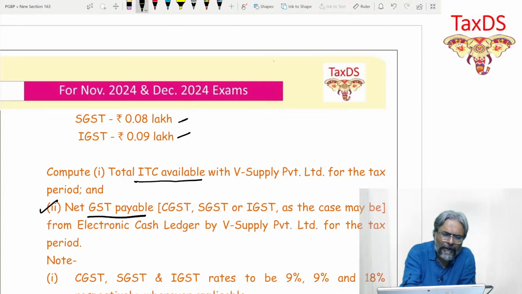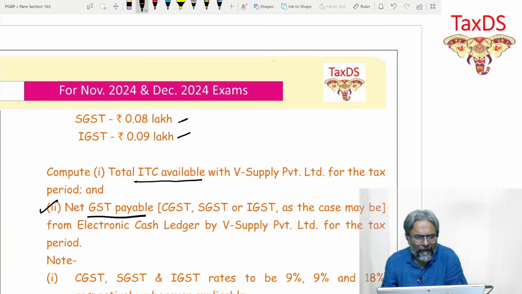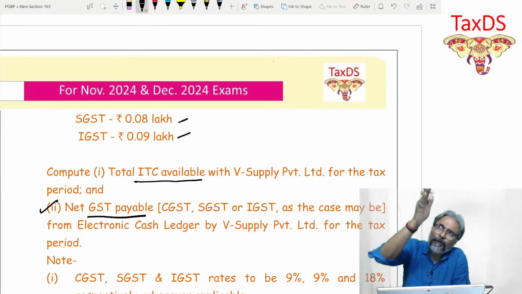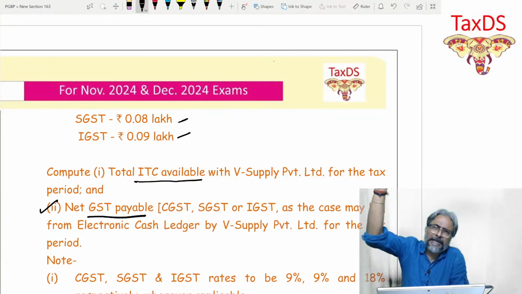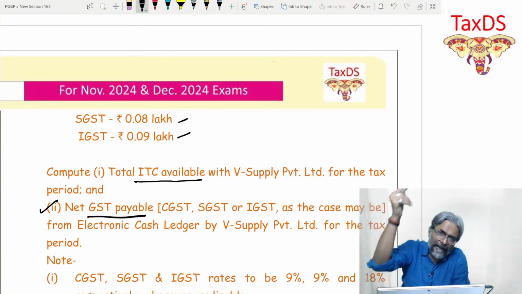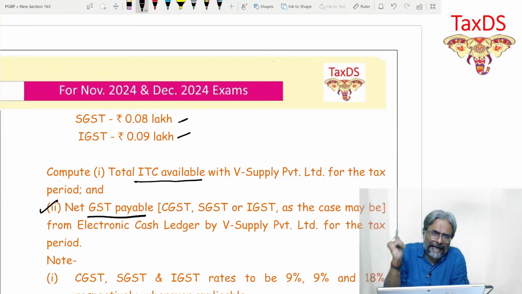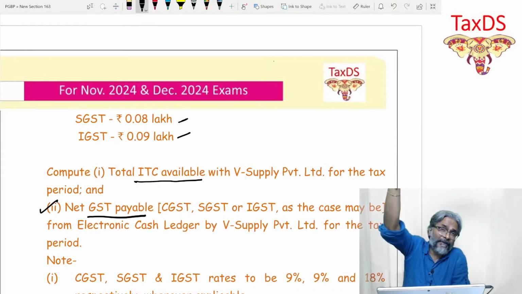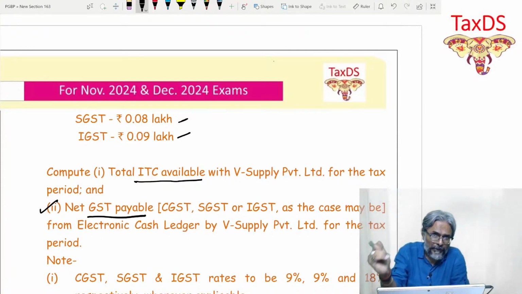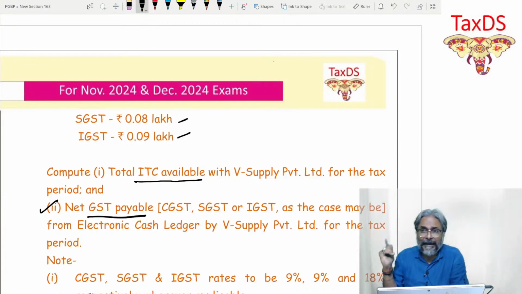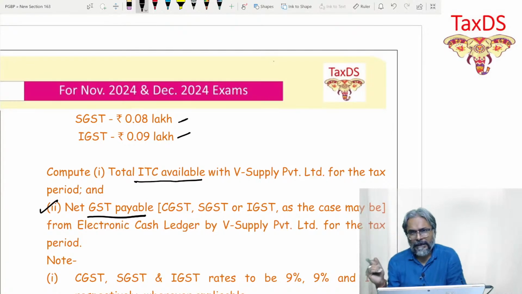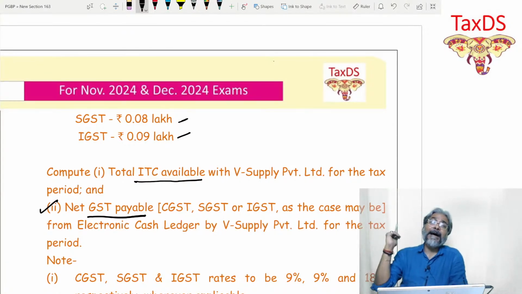Point number two is about the net GST payable from the electronic cash ledger. So how are you going to do it? From your output supply, whatever is the CGST, SGST, and IGST, you will calculate that. Then the ITC that you already have calculated in the statement, you are going to reduce that ITC. And on the net amount, students, you will add what?